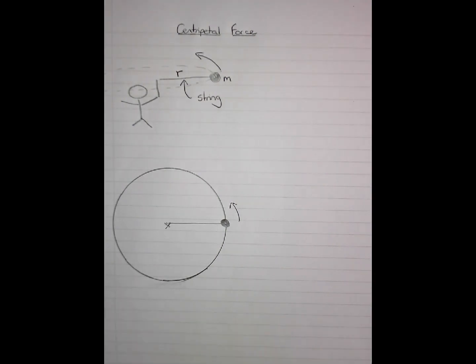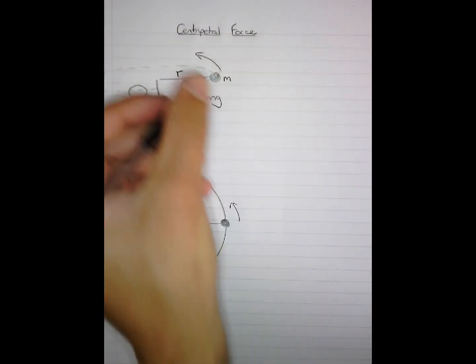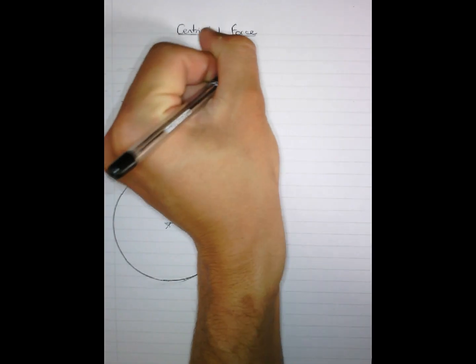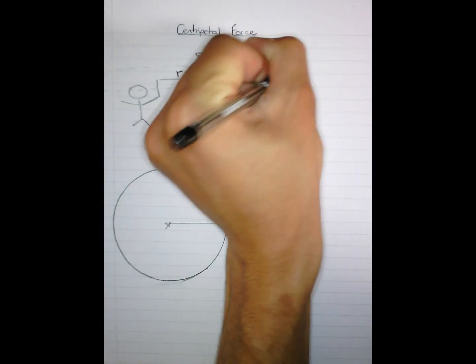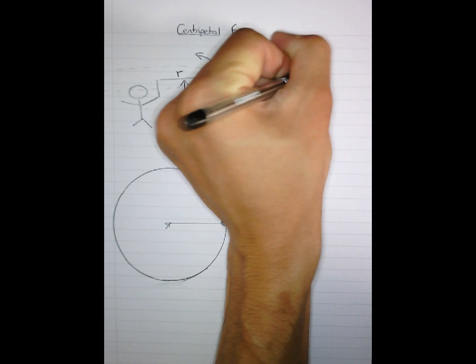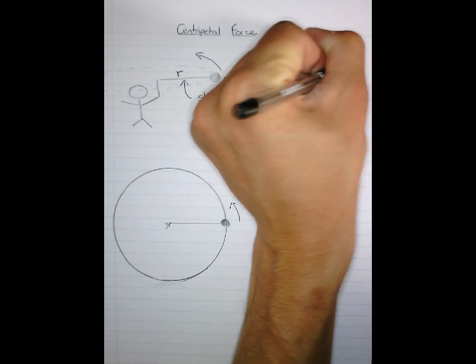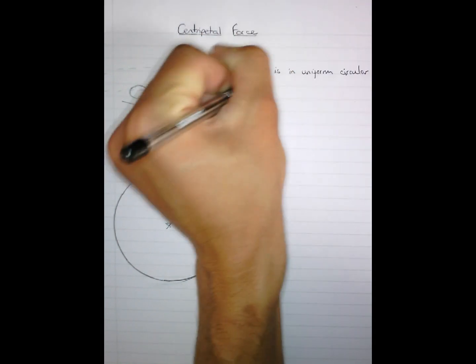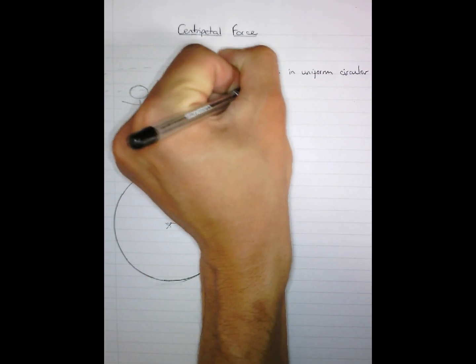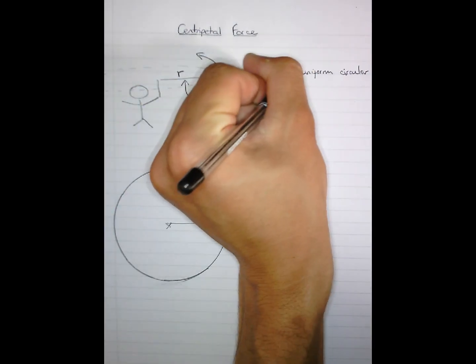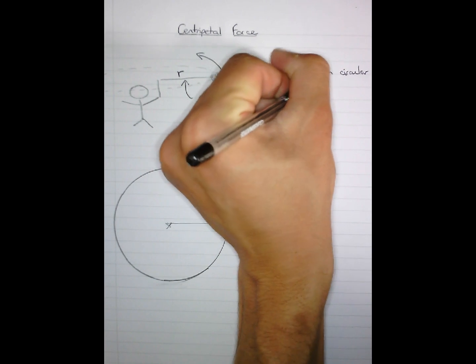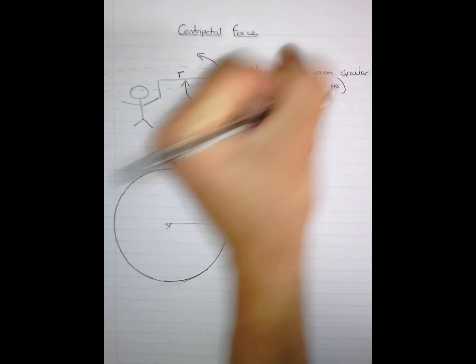First thing I need you to do with this problem is we're going to assume that the mass is in uniform circular motion. And remember, the uniform part means that we've got a constant angular velocity, constant omega.